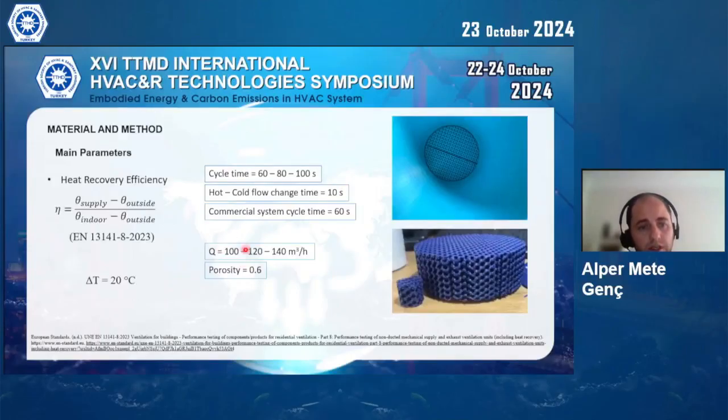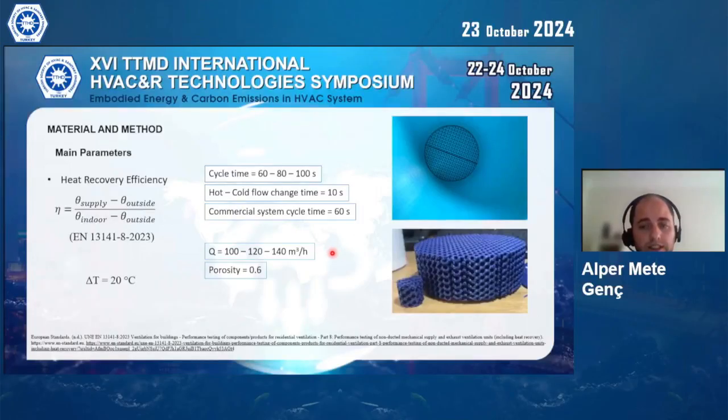Also, here we use 100, 120, and 140 cubic meters per hour flow rates, and as I mentioned before, our porosity is 0.6. Actually, here 100 and 120 cubic meters per hour correspond to the airflow rates generally used in commercial systems.